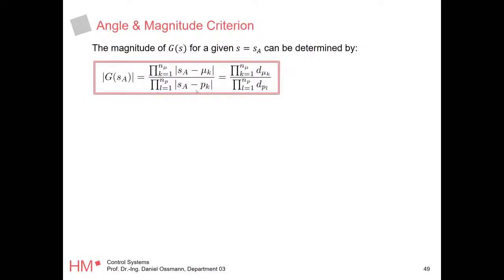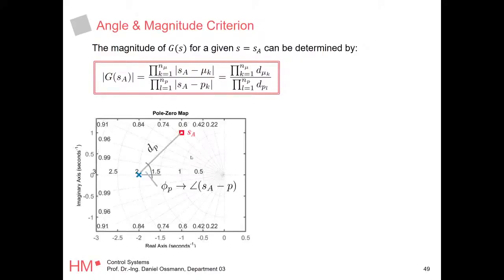What this equation says is, you basically need only to take all the distances from your zeros to this point, and divide by all the distances from the poles to your point, multiplied together. For this very simple example, you only need to calculate the distance from this one pole to the point.